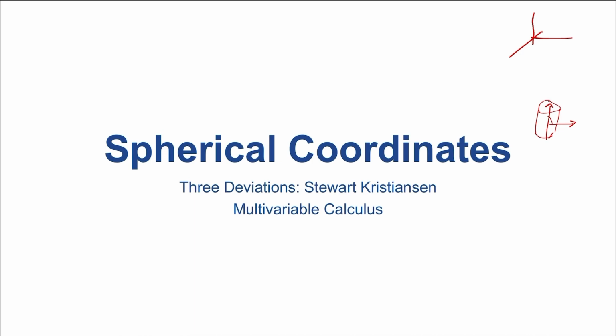So let's take a little look at what these spherical coordinates actually are. The hint is in the name, the fact that they are spherical. What we are going to do is take our x, y, and z axes, and I'm not doing this coordinate system justice because I'm not good at drawing. We are going to take a sphere and consider some arbitrary point on the sphere.